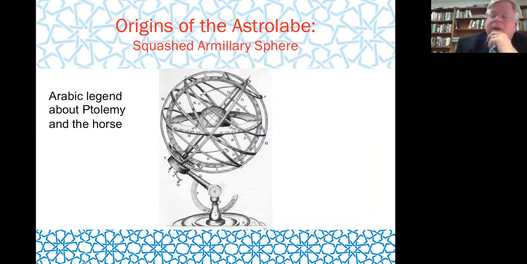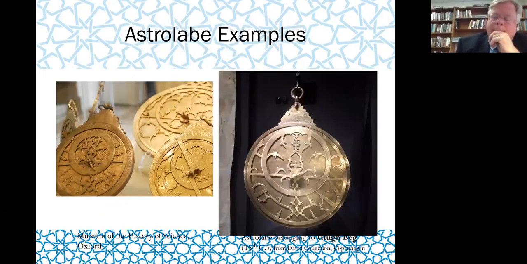Now, the astrolabe, I said, was an analog computer and a portable model of the cosmos, which can represent the positions of the sun and major stars at any time of the day or year for a given latitude.